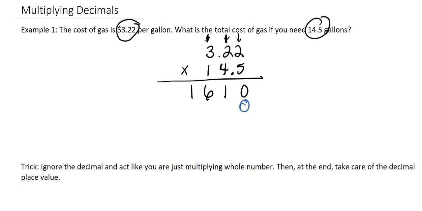We do a placeholder for that 0. Now we go 4 times 2, that's 8. 4 times 2, once again, is 8, because this is from the last one. Put the 8 below. Now 4 times 3 is 12, so we put the 12 there.